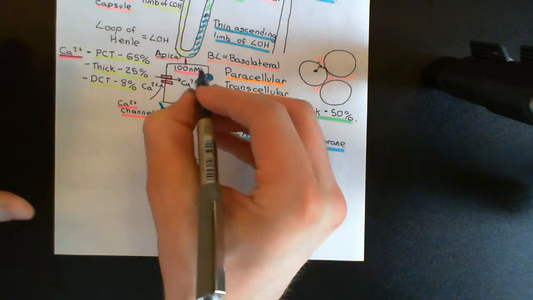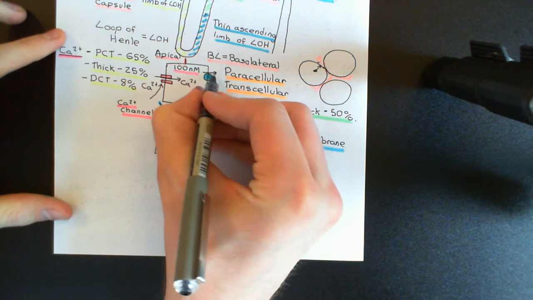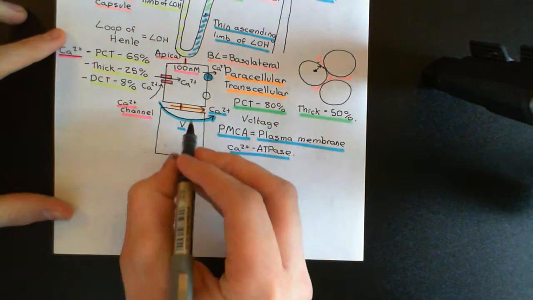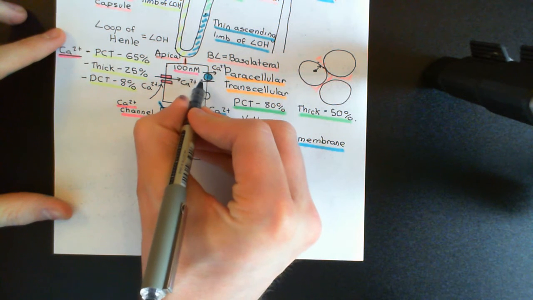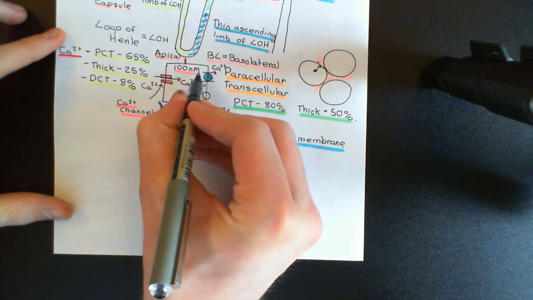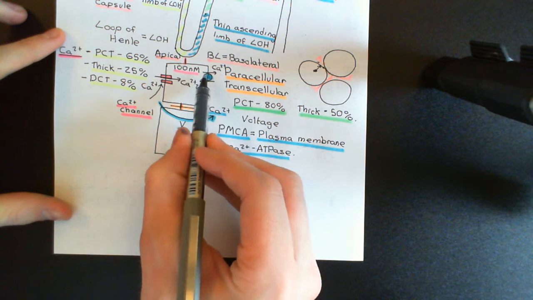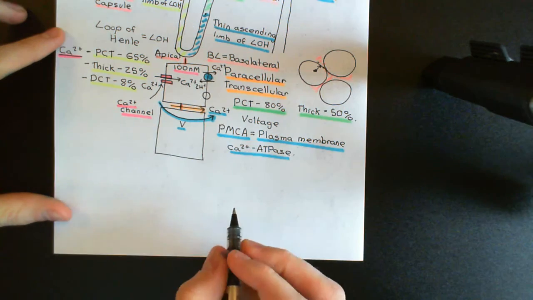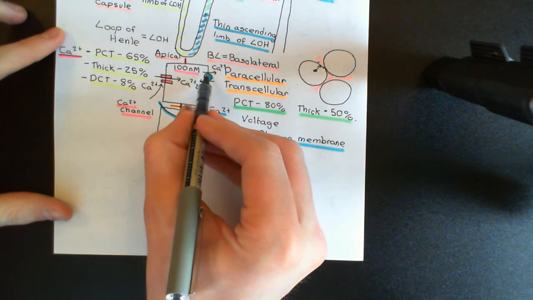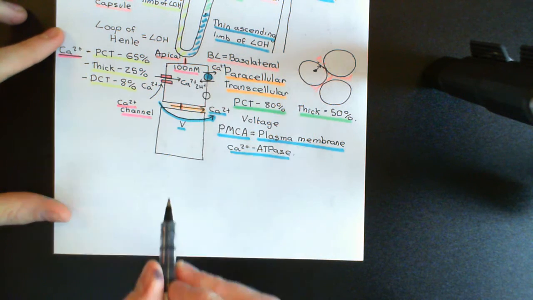What it's going to do is move one calcium ion out of the cell and into the basolateral fluid, and it's also going to bring in 2 protons every time it does that, and in order to do that, it's going to have to hydrolyze a molecule of ATP. It's difficult to put that on there, but you must not forget that the ATP molecule is hydrolyzed as well.